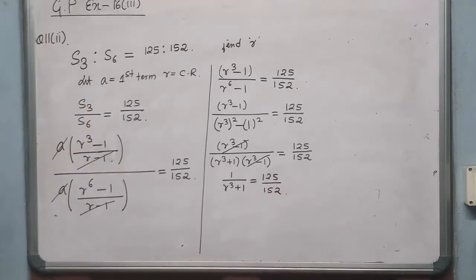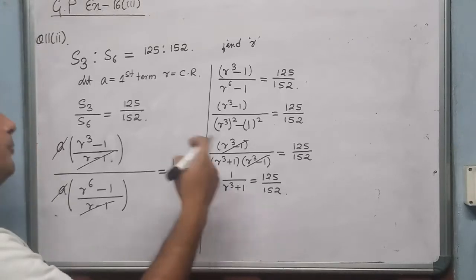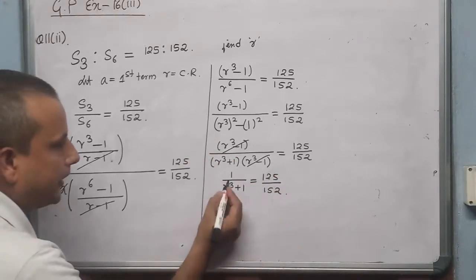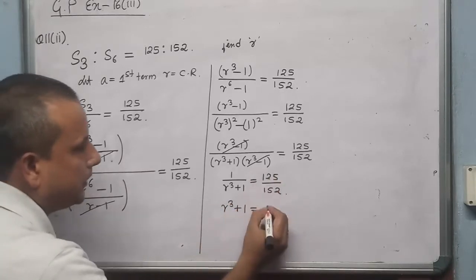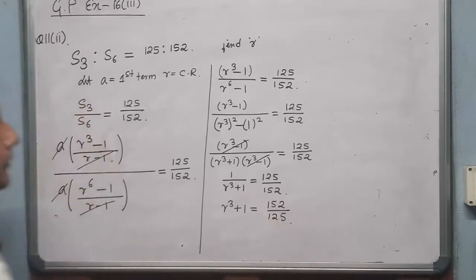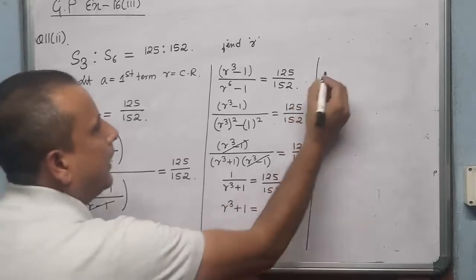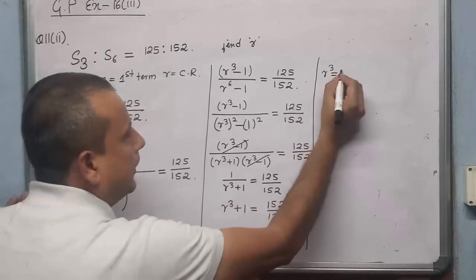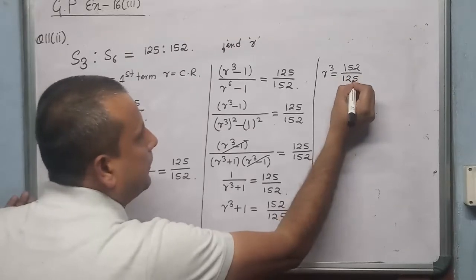Now I'll take the reciprocal. If I reciprocal the left hand side, in the same way I have to reciprocal the right hand side. So r cube plus 1 I'll write, then this will be interchanged, 152 over 125. Now from the left hand side I'll bring this 1 to the right hand side: 152 by 125 minus 1.